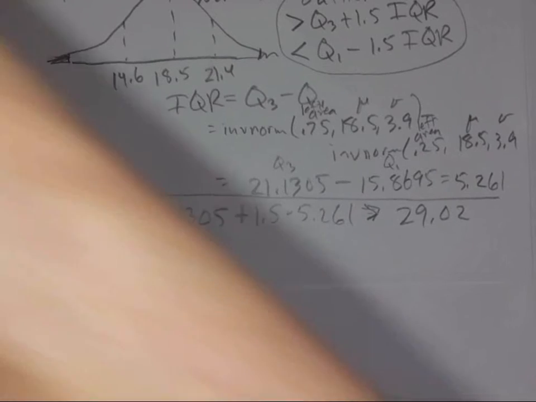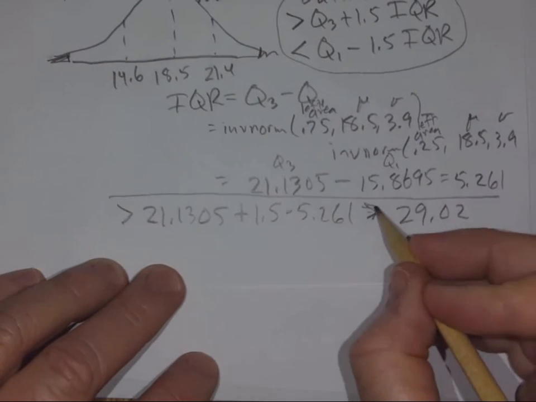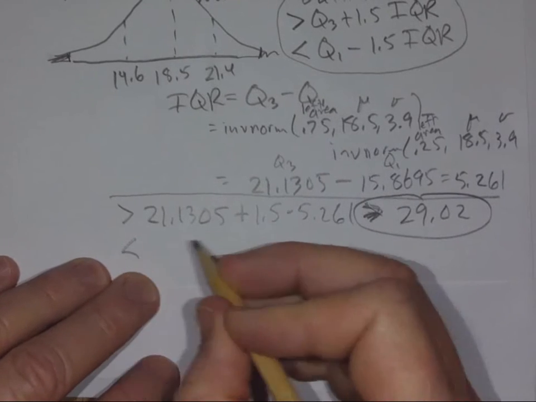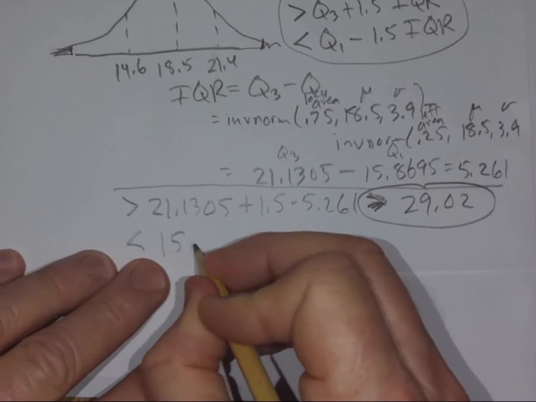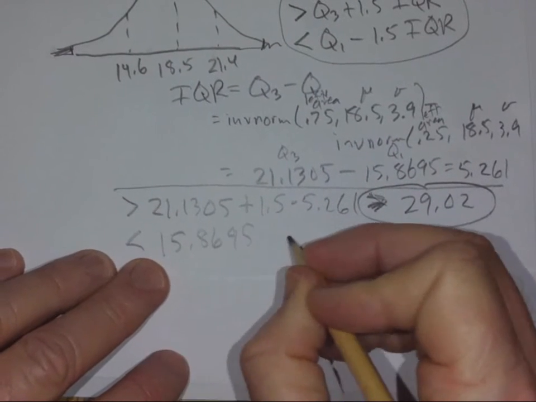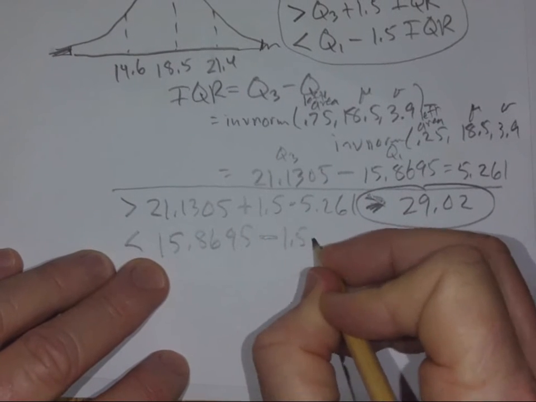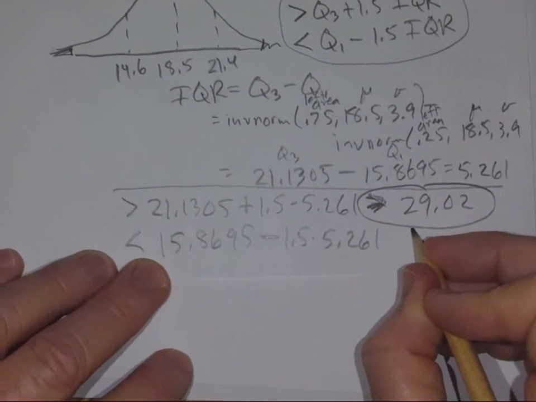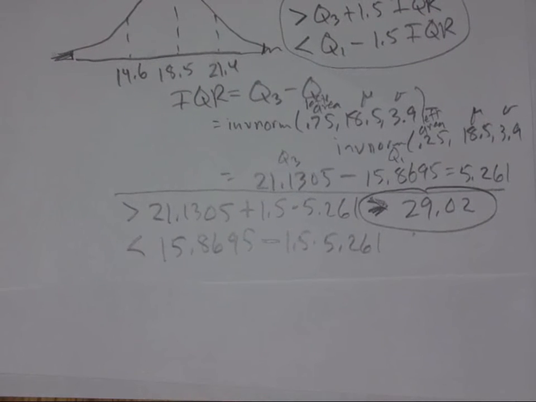No, that's good. Anything greater than that is an outlier, or anything less than my Q1, 15.8695 minus 1.5 times 5.261. If you do that, I believe you would get approximately 7.98.